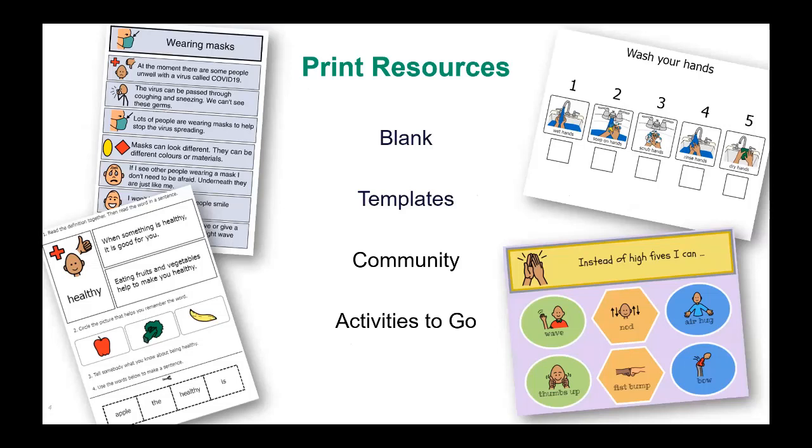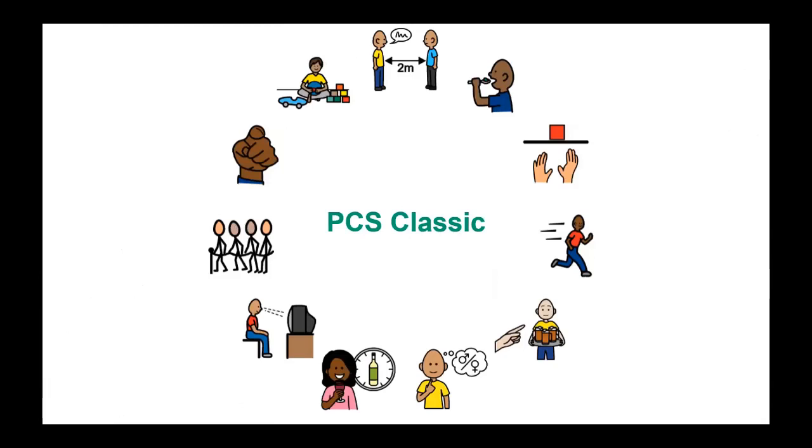We can actually use something from the community. We've got a great online community where people can upload activities that they've created and share them. And we've also got some activities to go. And so I'm going to go through each of these today. And we're going to do lots of demonstrations, and I'm going to show you how to create each of those different types.